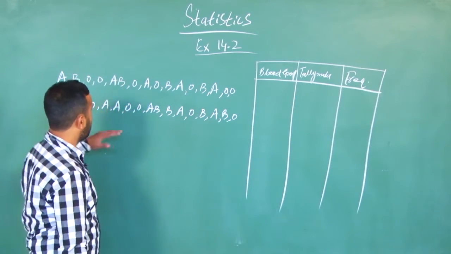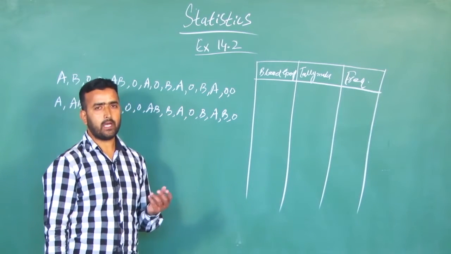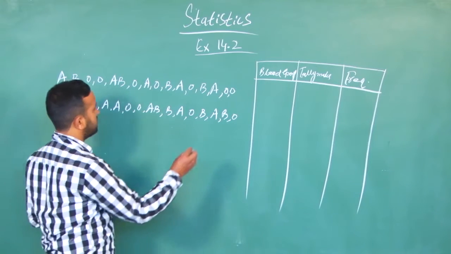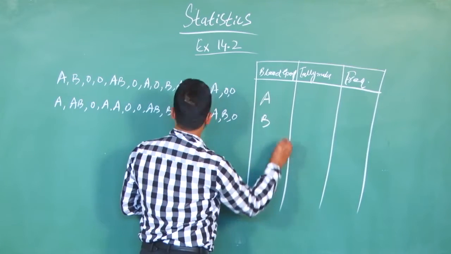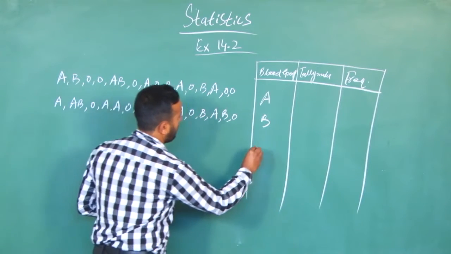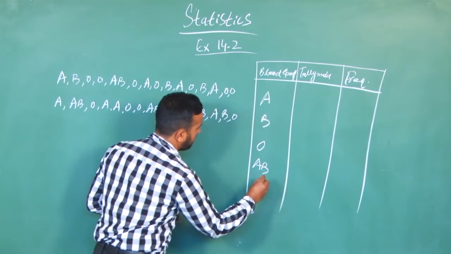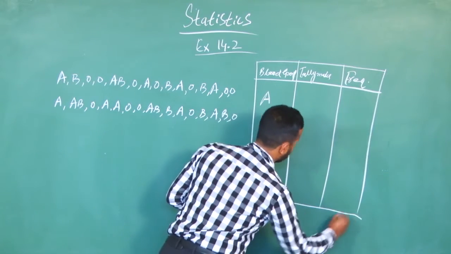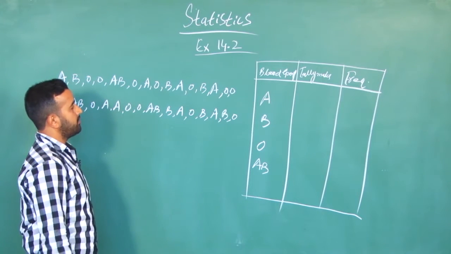This is the data about the children of a particular class that has been recorded. Now let us see what the variables under study are. First is A, B, O, and AB. These are the blood groups, the variables under study for us.